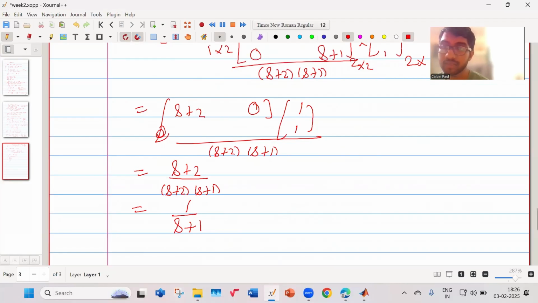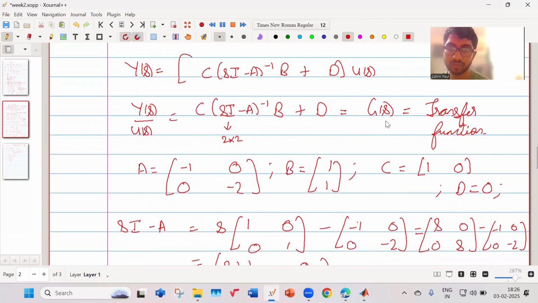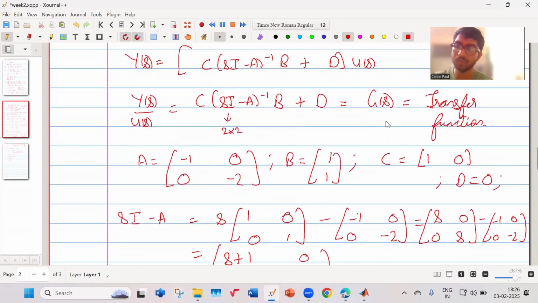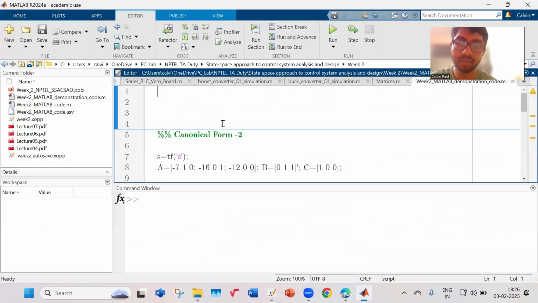Any queries in this? Of how do we do this? Okay, so what I'll do is I'll just show a simple MATLAB demonstration. So what do we have?